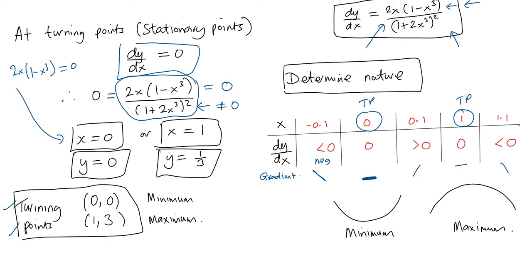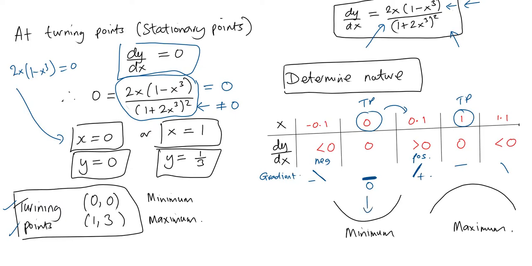If you just go above, greater than 0 but below 1, because we don't want to go as far as 1 because that's the other turning point, we find out that dy by dx is actually positive. Okay, so now you know that if it goes negative, 0 and positive, then that's a minimum point.